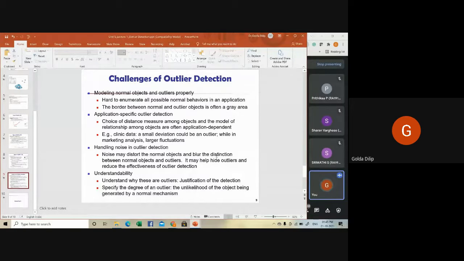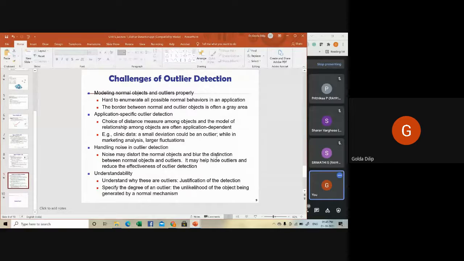The quality of your anomaly detection depends on how you model your normal objects and your outliers, that is the non-normal objects.